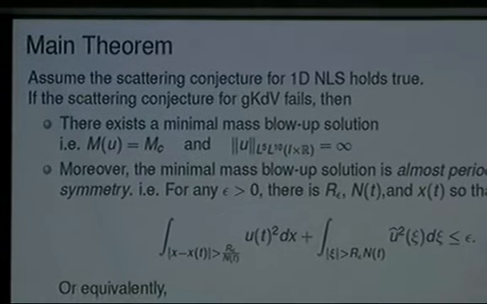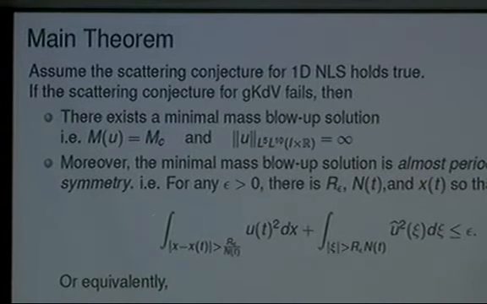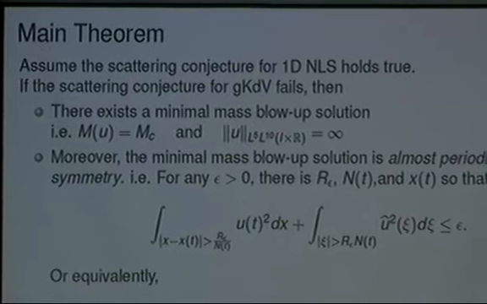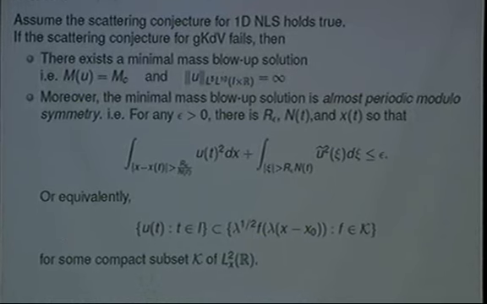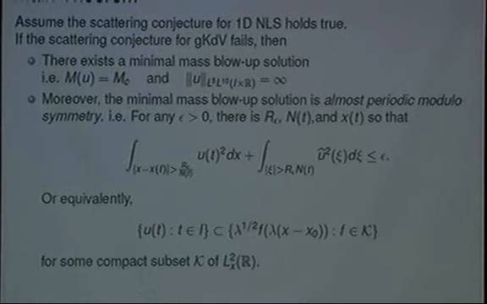Moreover, such a minimal element enjoys some sort of compactness property, which is called almost periodic modulo symmetry. So after the symmetry, the minimal element is localized in space and also localized in frequency space.